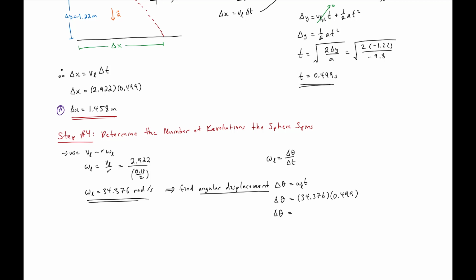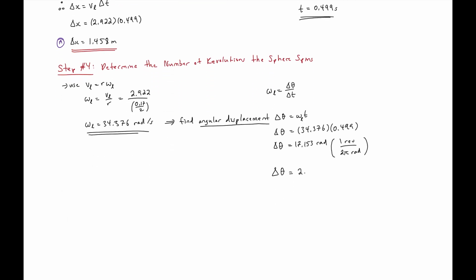Delta theta is equal to 17.153 radians. But we want the number of revolutions, so there are 2 pi radians in 1 revolution, so delta theta is equal to 2.730 revolutions. So therefore this answer is part B. There are 2.73 revolutions that occur before the ball hits the ground.